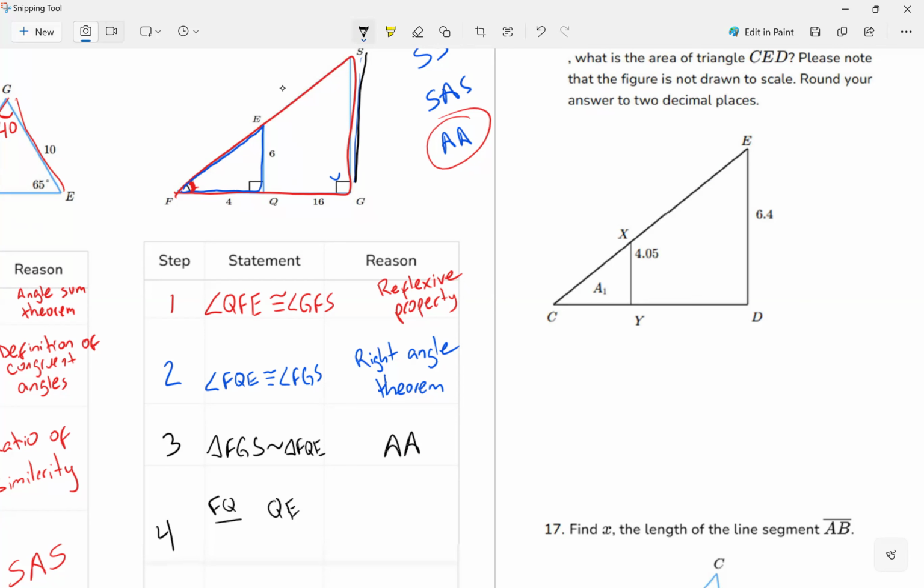From the big triangle, I'm going to use the side FG and then the side GS. And I'm going to say these two are equal. I want to call this the ratio of similarity.